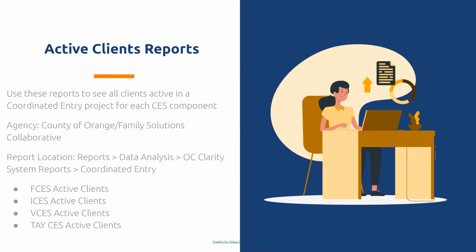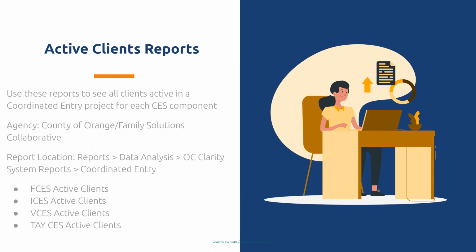Good afternoon, everyone. I wanted to go over the active client reports. These are the reports that you'll run in order to see all the active clients that are in a coordinated entry project for each CES component. As you can see, we have the two agencies that are in charge of CES, the County of Orange and Family Solutions Collaborative.